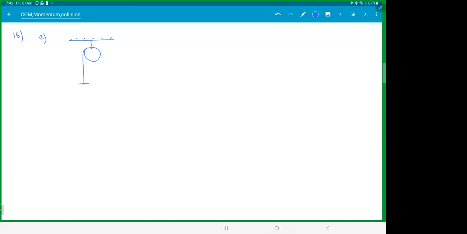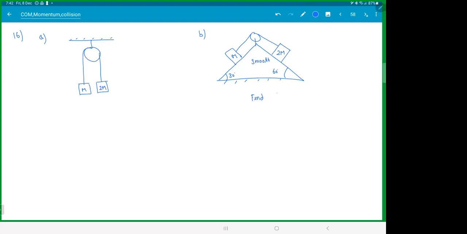We have a pulley here, we have a block here, M and 2M. This is an easy one. Find the acceleration of center of mass. Here find the magnitude of acceleration of center of mass.